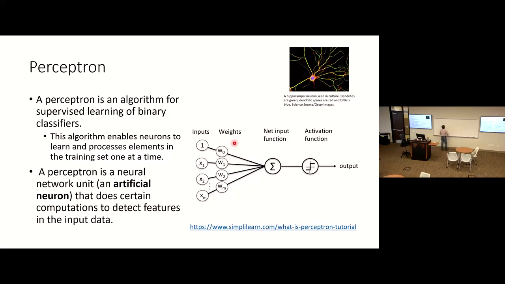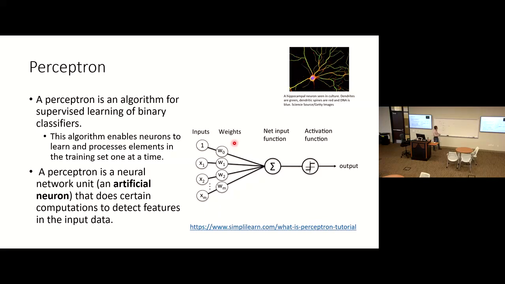Our case is 4 dimensions, but if you have n, it's the same, okay? You just need to have more parameters to change.